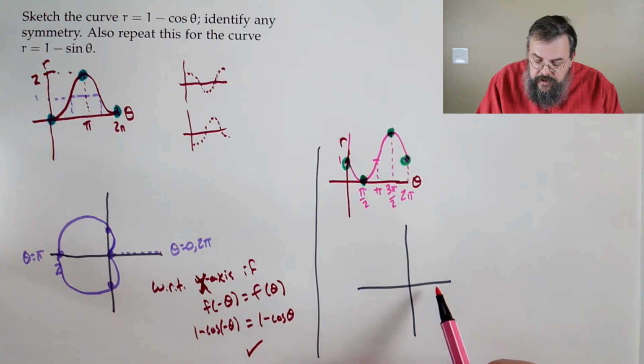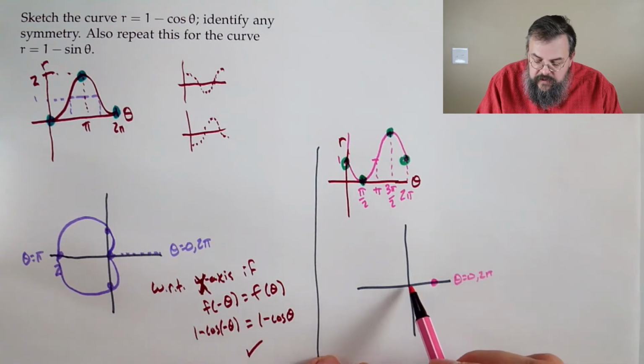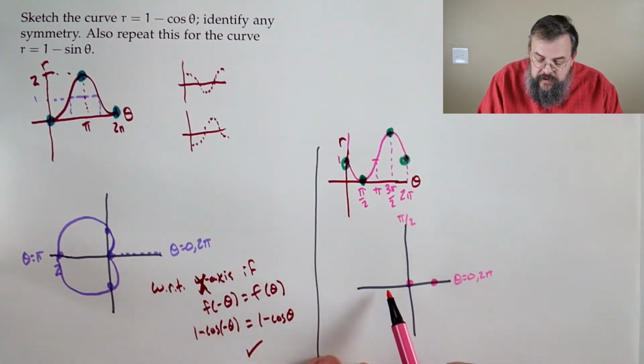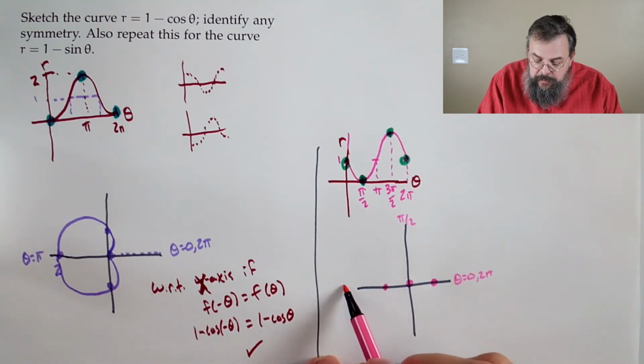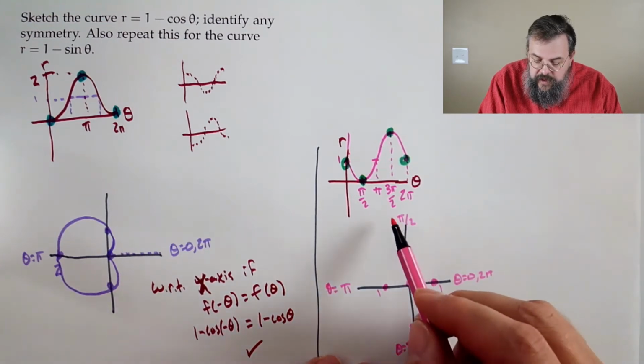Well, what do we see? We're distance 1 at 0 and 2 pi. We're distance 0 at pi over 2. We're distance 1 again at pi, and then we're down here at distance 2, and that's at 3 pi halves. So there are the various points that we've plotted here.